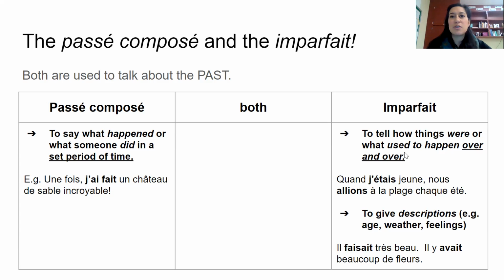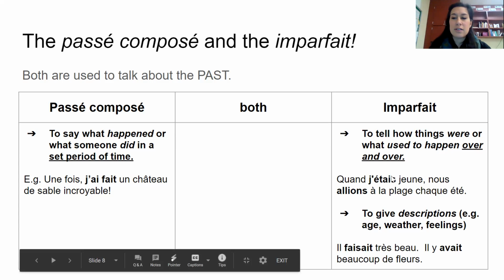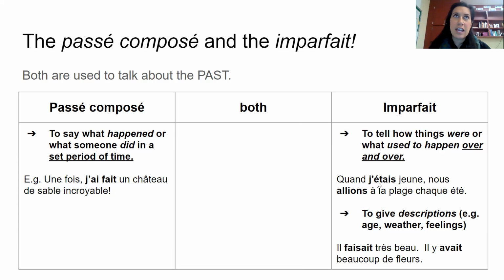Every time students ask me, how do you say she used to do this? There's no word for used to in French. With the imparfait, we use the ending: j'étais, je faisais, j'avais. This ending indicates used to or were, something that would happen over and over. Every day we used to do this.